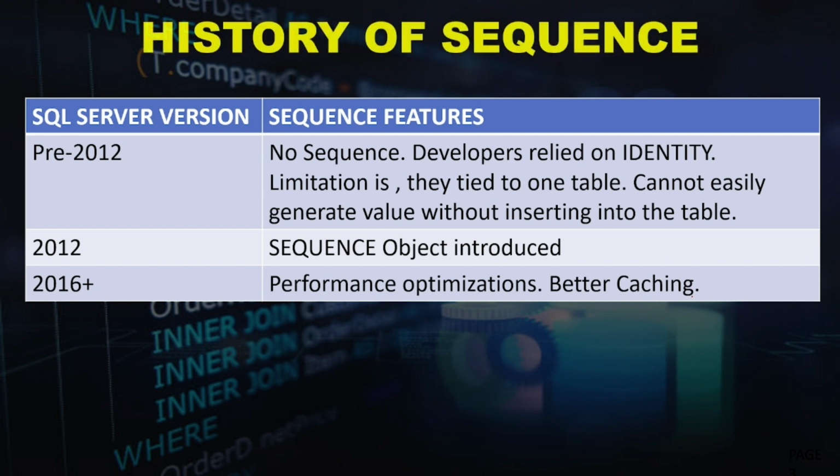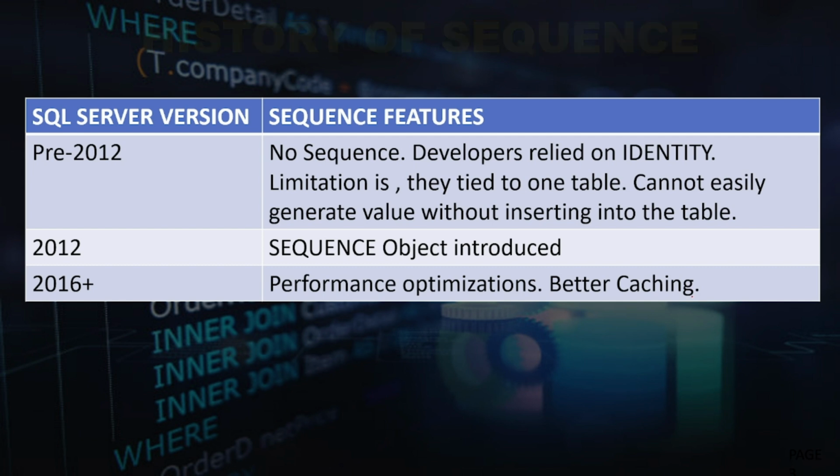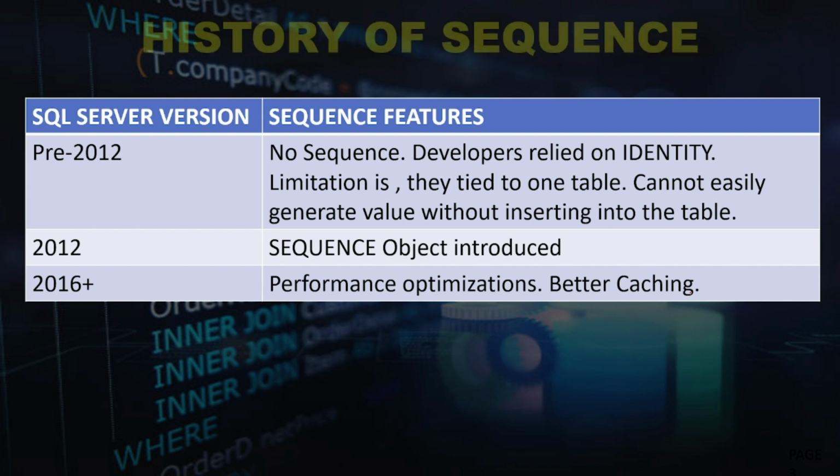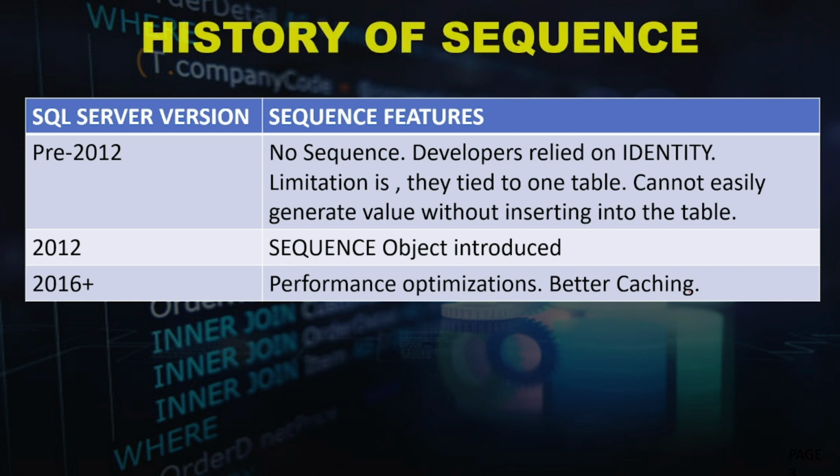So instead of going and taking the next sequence number from the disk, it will take it from the cache and this will be served to you. So it will be faster.